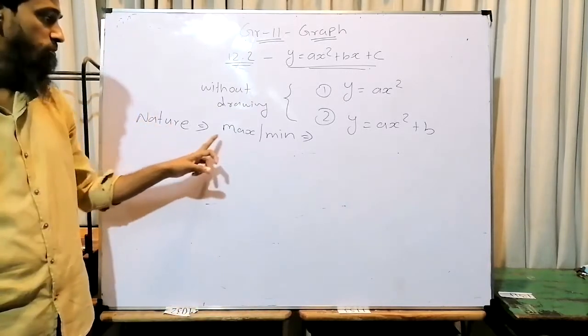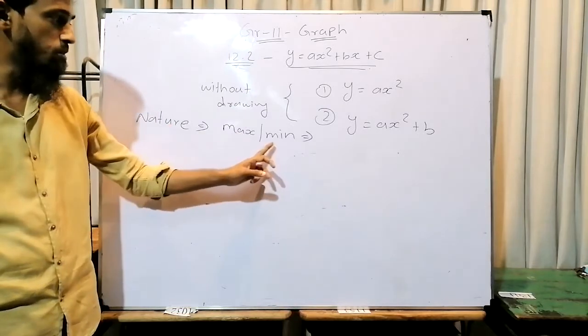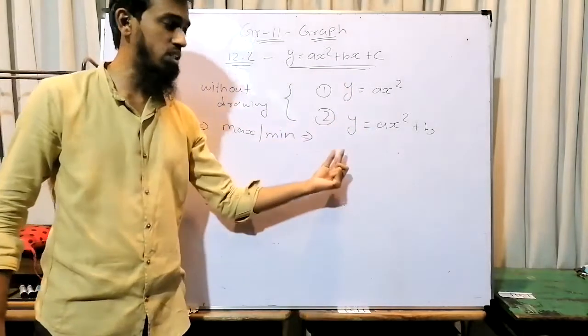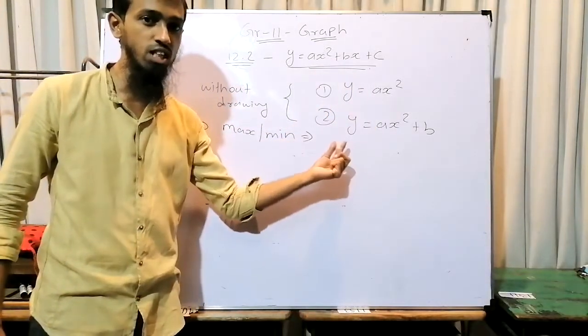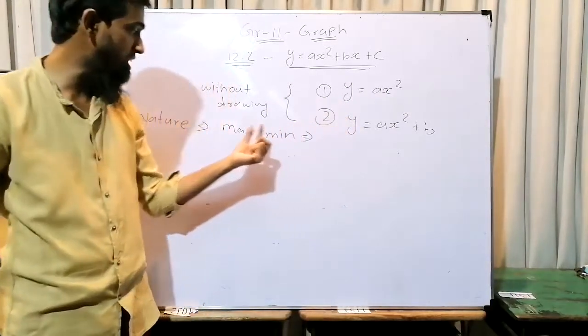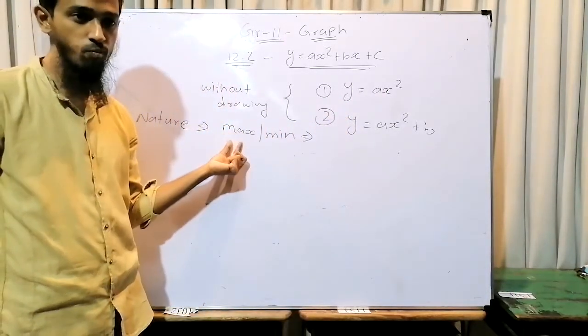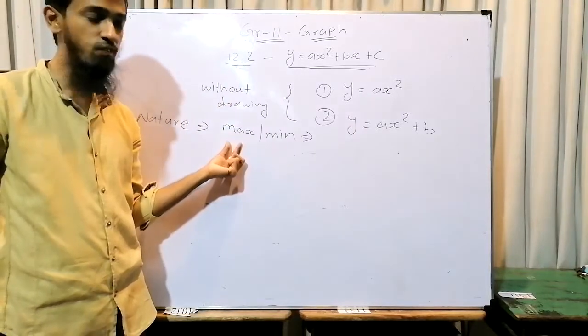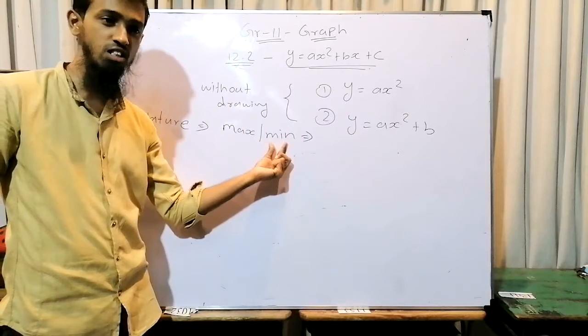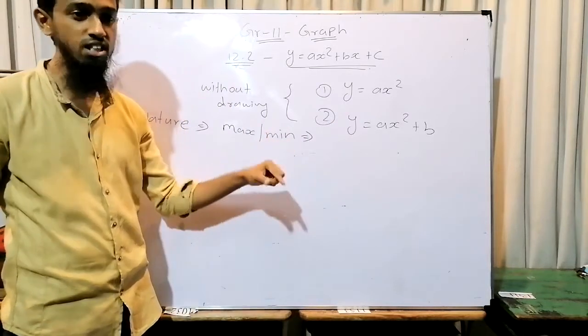Nature of the graph means whether the graph is maximum or minimum. Which element from this equation are we going to check, so that with that particular element we can say the graph is maximum, or increasing graph, sorry, and the graph is minimum, a decreasing graph?